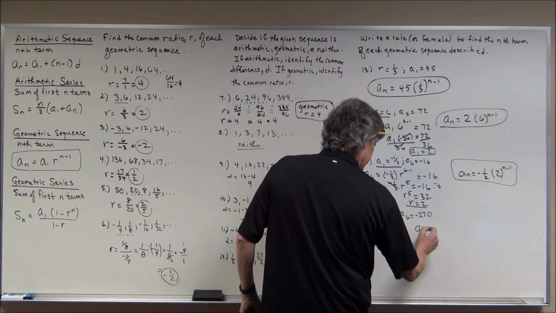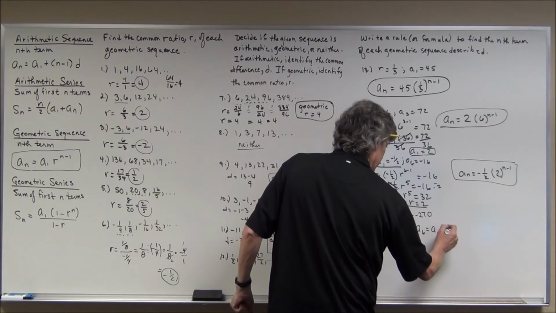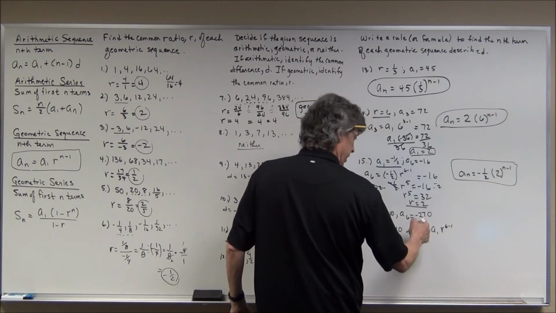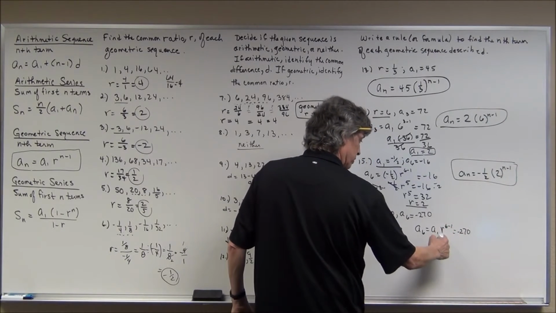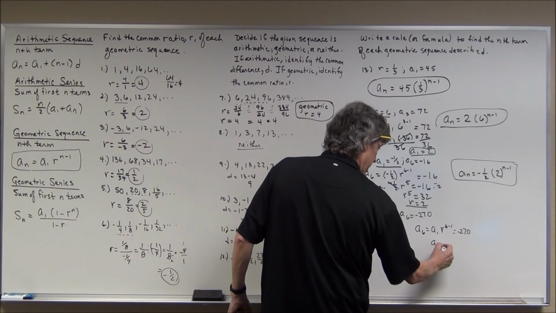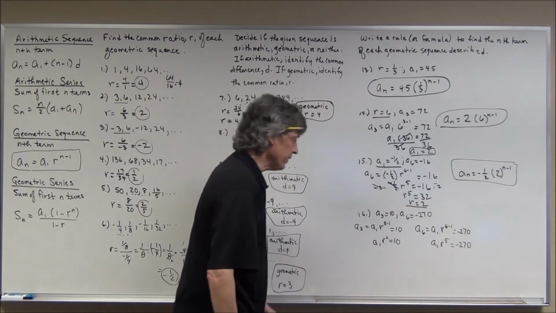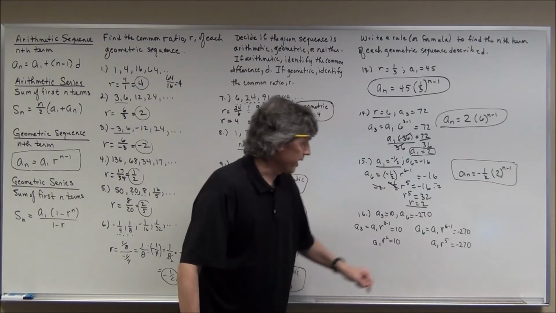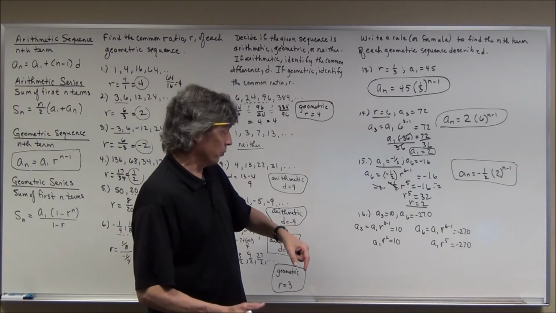A sub 6, so n is 6 here, is equal to a sub 1 r to the 6 minus 1, and according to this is equal to negative 270. Now 6 minus 1, of course, is 5, so I have a sub 1 r to the 5th is equal to negative 270. I have 2 equations, and I have to find out what a sub 1 is, what r is.